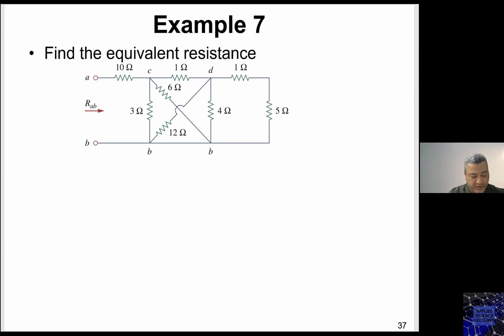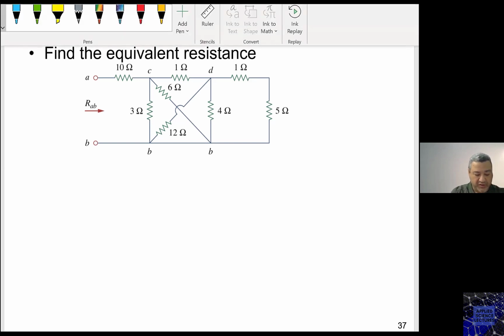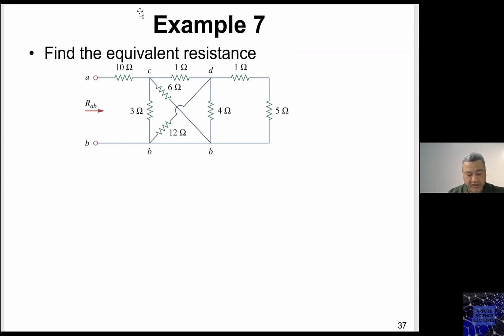So in order to know how the circuit is connected, we will be using the colors here to show us which terminals are connected to the same node. I can define the terminals that are connected to one node. So let me do this here.